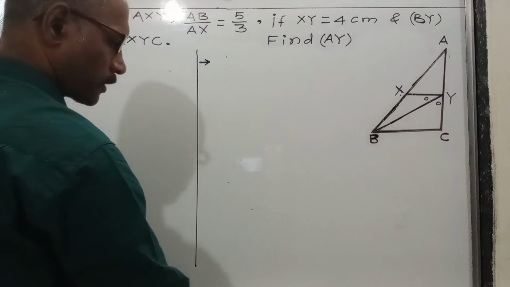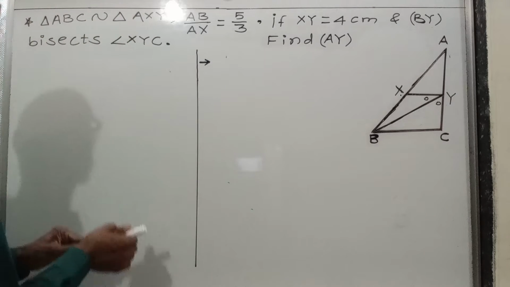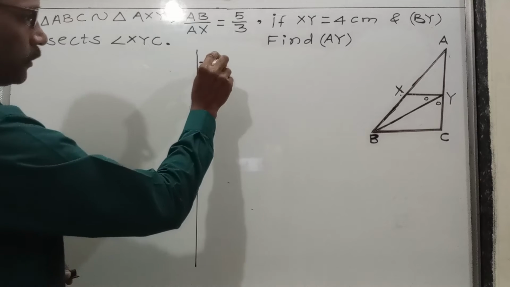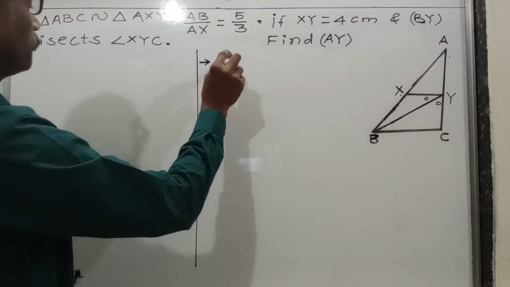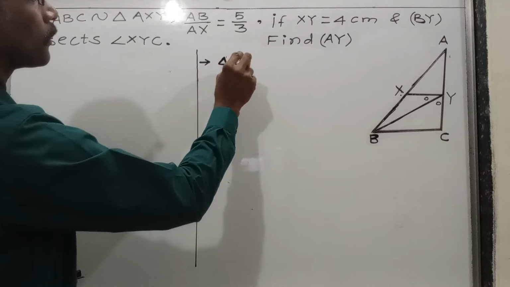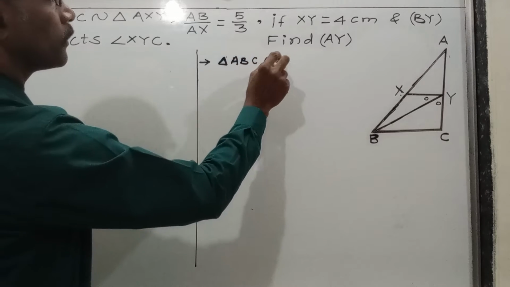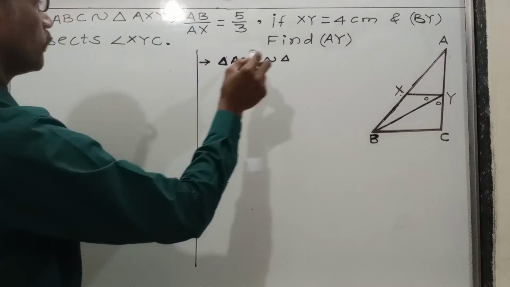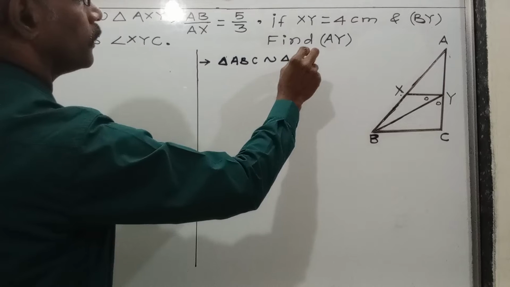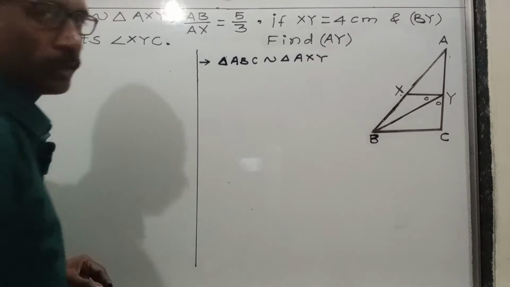First of all, see here our solution. We are given triangle ABC similar to triangle AXY.